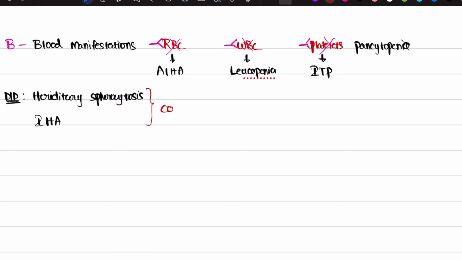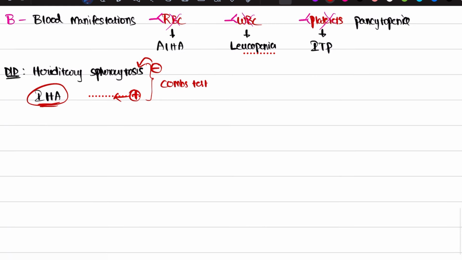If the Coombs test is positive, this is autoimmune hemolytic anemia. If the Coombs test is negative, this is hereditary spherocytosis. This is how we are going to differentiate the two of them by just doing the Coombs test. So remember guys, the Coombs test is always positive in autoimmune hemolytic anemia. In hereditary spherocytosis, it is negative.